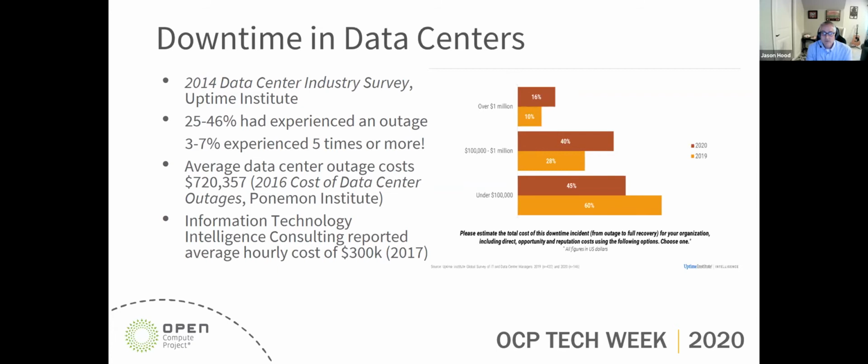So if you look at the cost of data center downtime, referring to the Telecom Institute study from 2016, you can see that the average cost per downtime event is over $720,000.